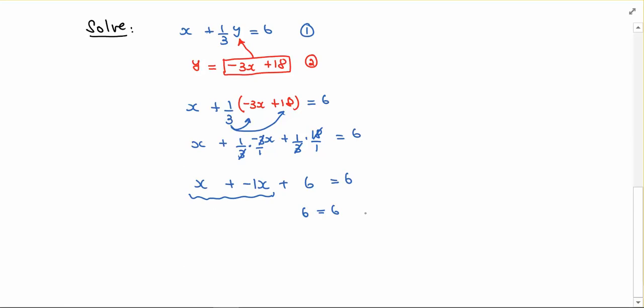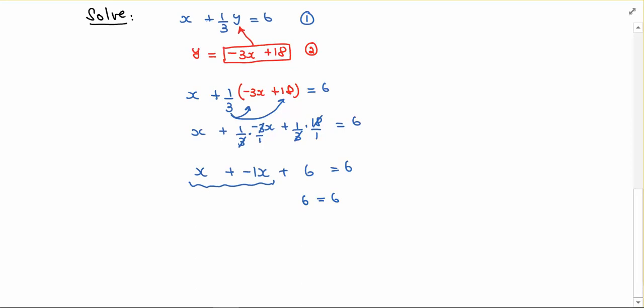Now, we've seen situations like this before, where you had the letters all vanish and you got 6 equals 6. And in these situations, when we saw these with equations, we realized that this meant all real numbers was the solution, right? So back with equations, this meant all real numbers.